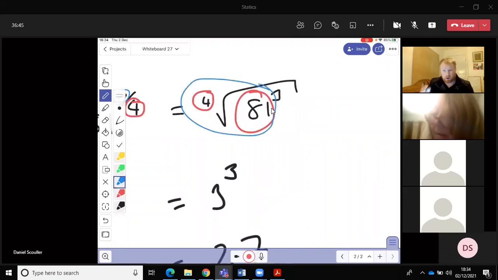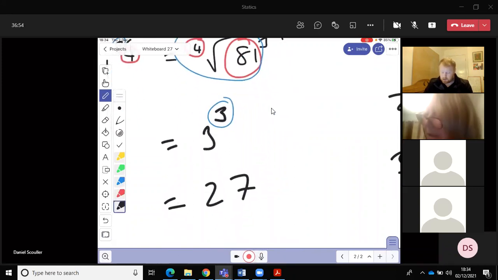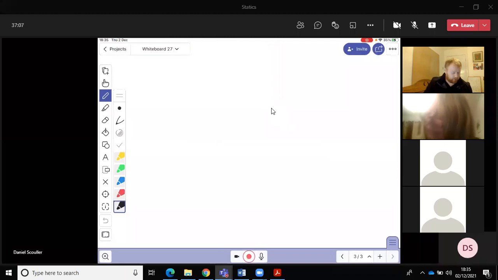So it's what multiplies together 4 times to make 81. The second part we'll deal with the power. So essentially that just becomes 3 times 3 times 3, and that becomes 27. Thanks very much. Perfect. Super.